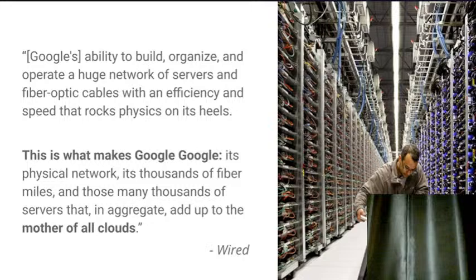Its physical network, its thousands of fiber miles, and those many thousands of servers that in aggregate add up to the mother of all clouds. In essence, Google has been doing distributed computing for over 10 years for its own applications, and now has made that compute power available to you through Google Cloud.